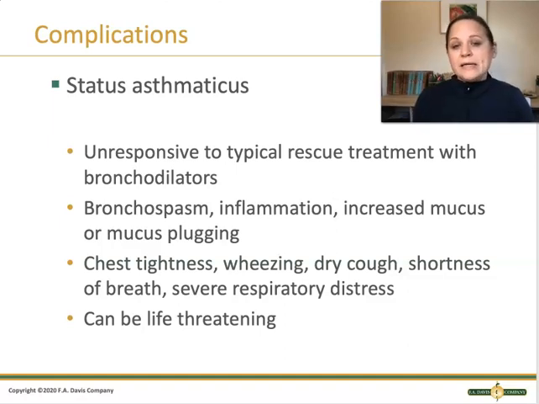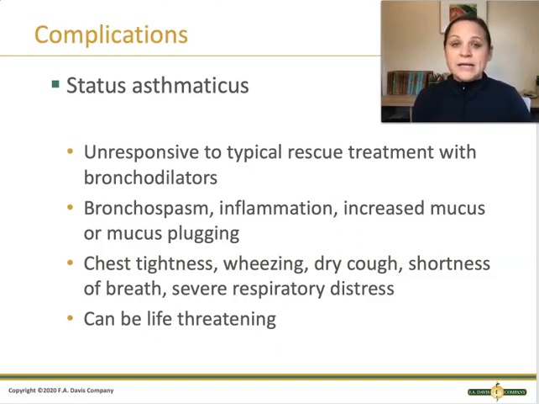So status asthmaticus is someone who is unresponsive to typical rescue treatment. So their inhaler is not working at home. Their nebulizer treatment is not working at home. And we're going to see those same signs and symptoms that we have with our typical asthma patients. They're just going to be worse. Bronchospasm, inflammation, increased mucus.